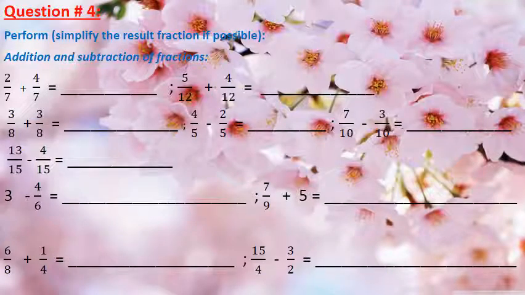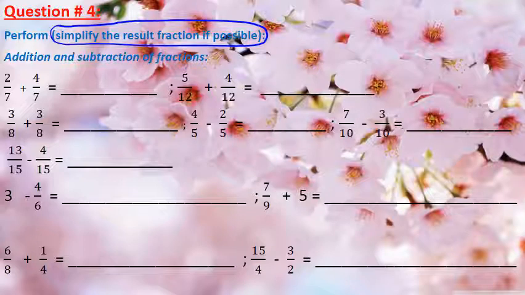Now in question number 4, we should perform operations on fractions, and we should not forget to simplify or try to reduce the result fraction if possible. First, we will start with the first group, which is addition and subtraction of fractions. In addition and subtraction of fractions, we have two cases.